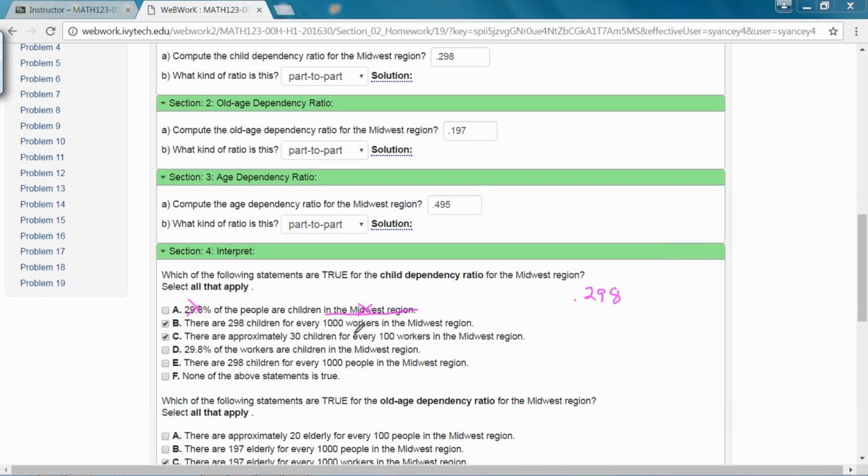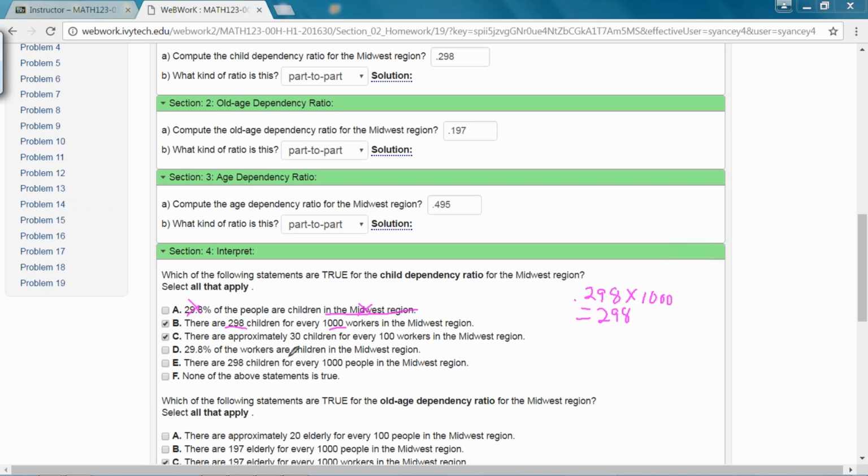It was a part to part, so this one is out. There are 298 children for every 1,000 workers. How would you know per any number given? You can figure it out once you have the ratio. This is per 1. So if you want to know how many per 1,000, all you have to do is multiply this by 1,000. And it equals 298, so that one is true.